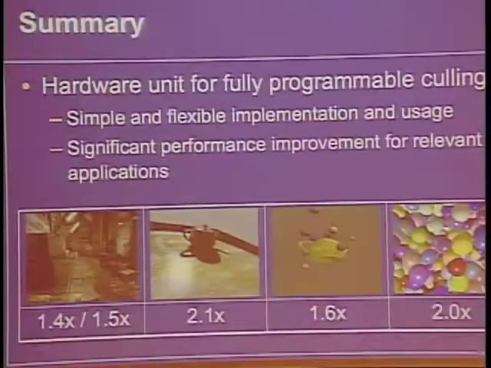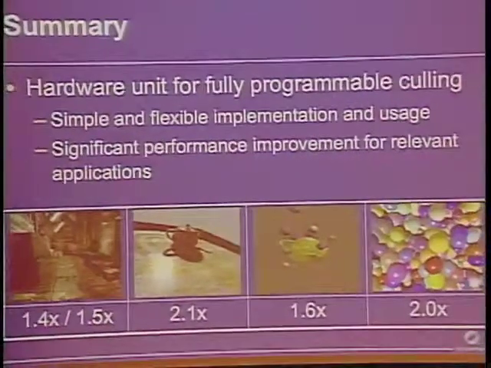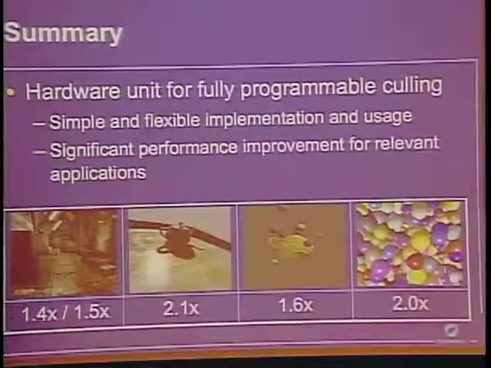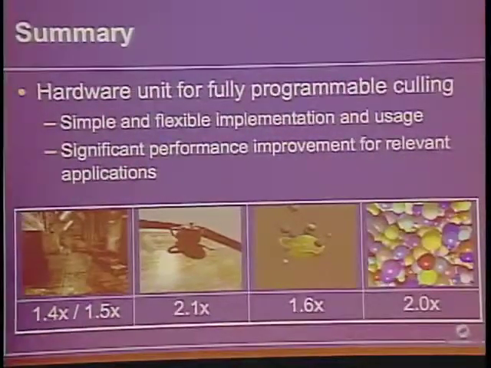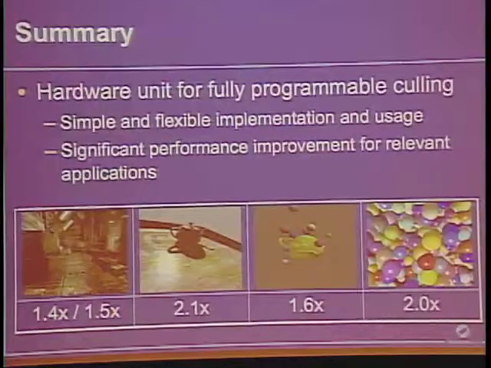And then here's the summary. They were able to show that they were going to get significant speed-ups based on this cull idea. They had shaders that were interesting enough, with places where they would throw themselves out, and they're getting from 1.4 to 2.1 times the overall performance speed-up just by throwing out a whole bunch of work.